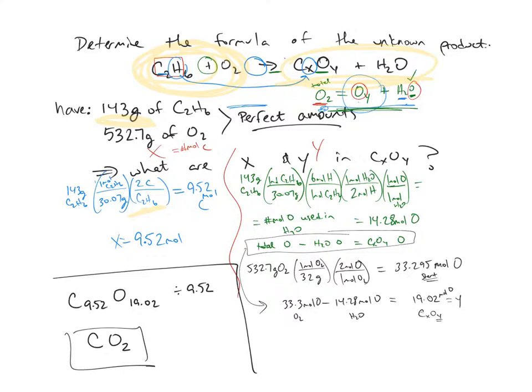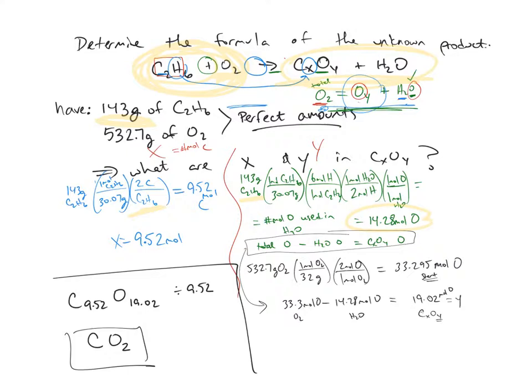The Y one was a little bit trickier. For this one, we had to recognize that we can't get oxygen directly, because all the oxygen that we started with from our O2, some of it goes to our unknown product and some of it goes to water. So instead, we rely again upon that C2H6 amount and get to our hydrogen amount. That allows us to figure out the number of oxygens that end up going to our unknown product. So we do some stoichiometry, figure out the number of moles of oxygen from the water.